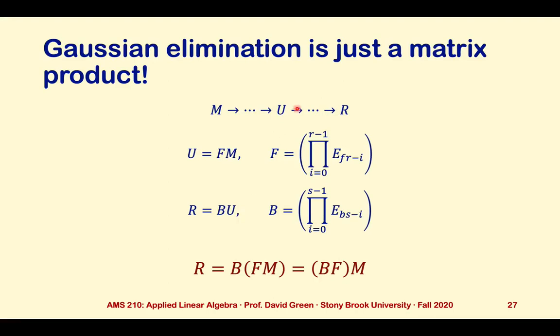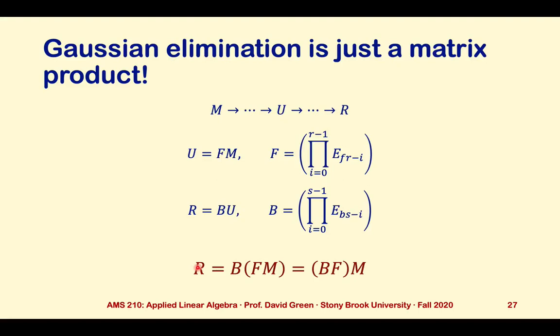B times U represents all those second set of steps. B times F times M, or BF times M, gives us our reduced form. This product B times F is a matrix that does all of Gaussian elimination, forward elimination and back substitution, to a reduced row echelon form.